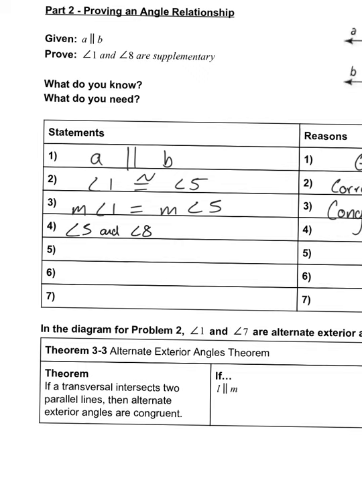Look right here. Okay? Think about what the word supplementary means. So if angle 5 and angle 8 were put together, then we'd have this straight line right here, right? And a straight line has a degree of 180. And supplementary angles have a sum of 180, so these two angles are supplementary. Very good. So we can say angle 5 and angle 8 are supplementary.